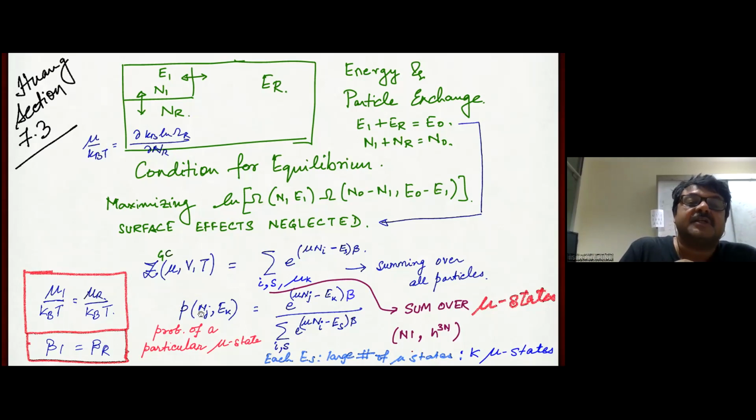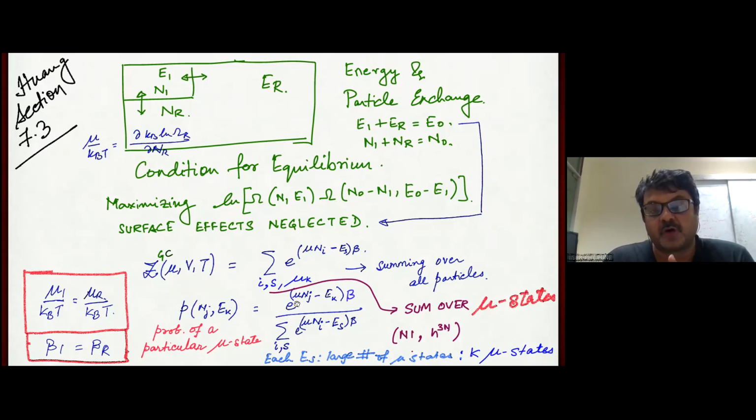With number of particles Nj and energy Ek, the probability of accessing such a microstate will be e to the power mu Nj minus Ek, into by kBT. So previously you had minus E by kBT. Now you have an extra term mu beta into Nj. Mu beta means mu by kBT into Nj.